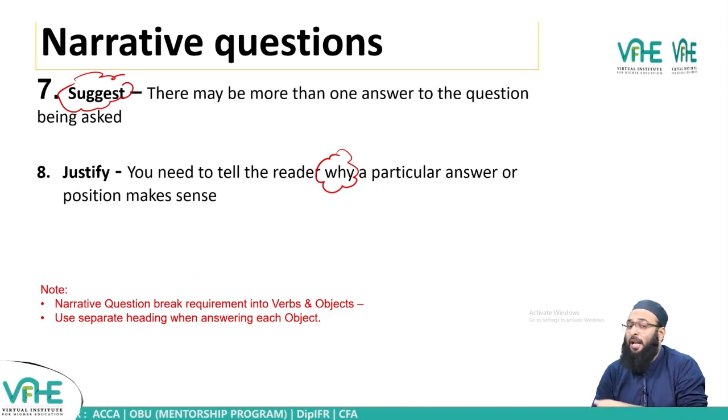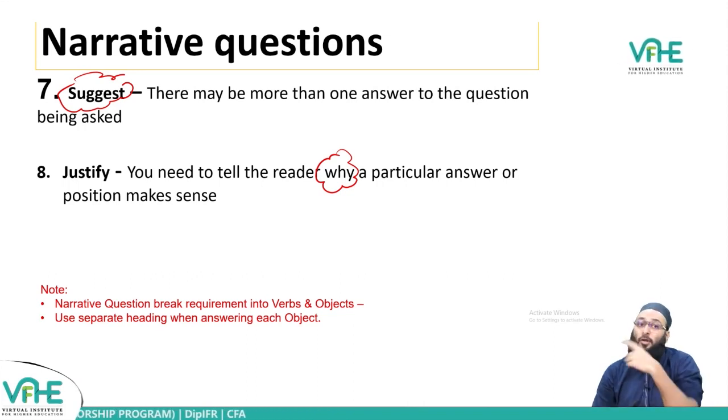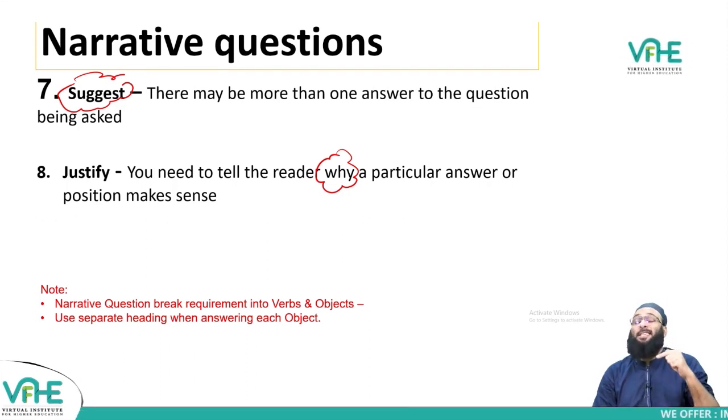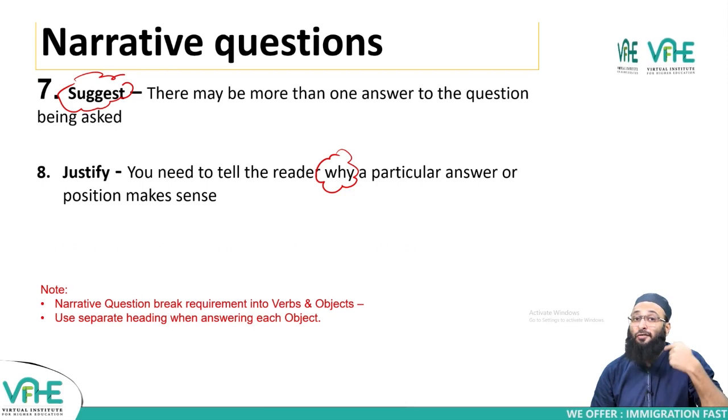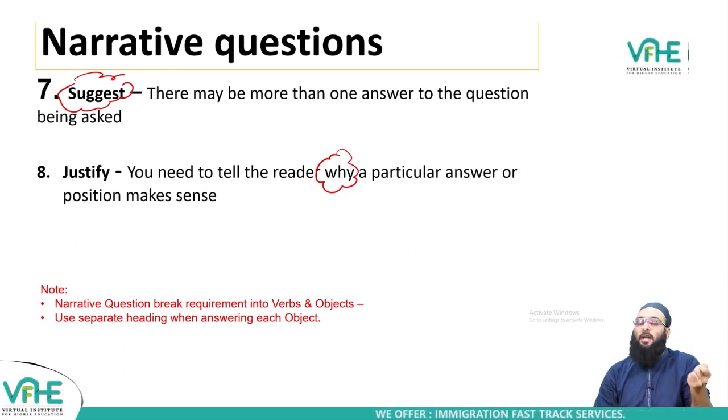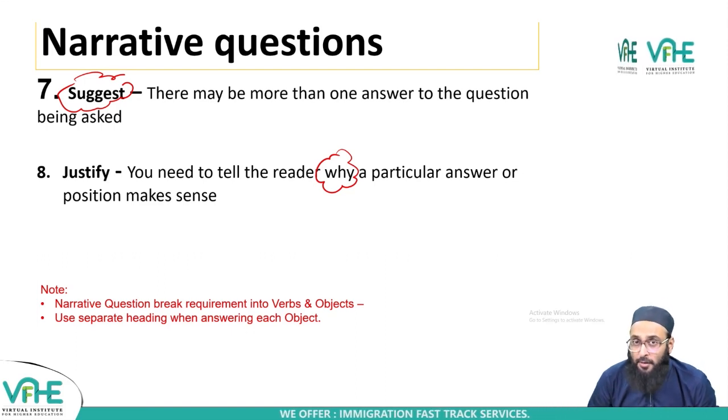This gives the reader the clarity that if I use throughput accounting, I can take maximum benefit from the limiting factor. That's a justification. That's reasoning that gives clarity on why you are suggesting throughput accounting.